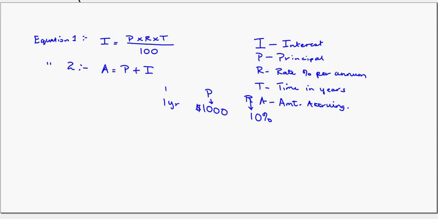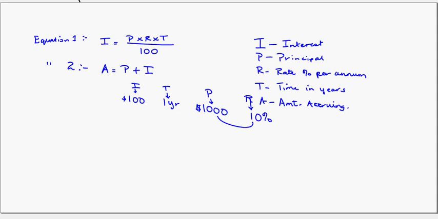Now, after 1 year, that will be known as my time. I am going to gain some interest. And the interest I'm going to gain will be 10% of $1,000, which is $100. You better know what they're giving you, you know.